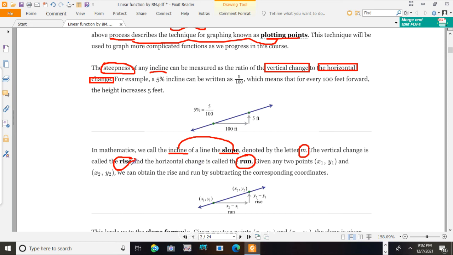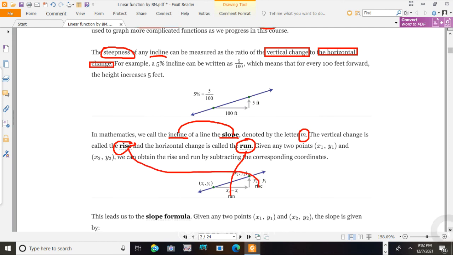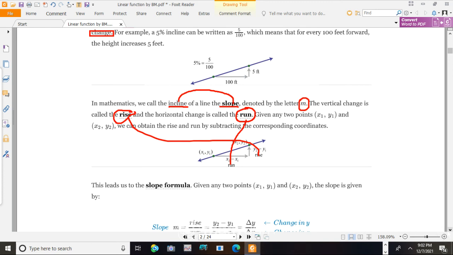That means the horizontal change here is the run, and here is the rise. This leads to the slope formula.